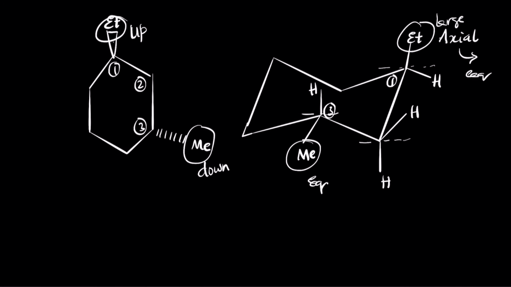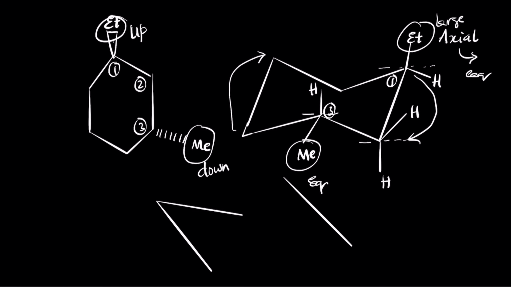So what we do now is change the conformation. So push this here and push this here. So what's going to happen to the conformation now? Let me draw it in a separate page so that it becomes easier.